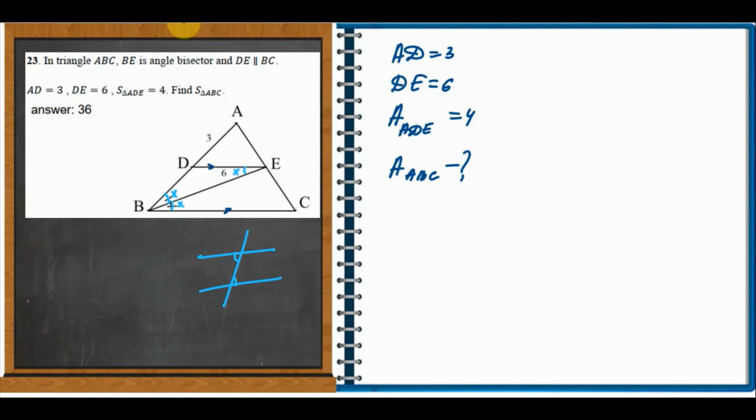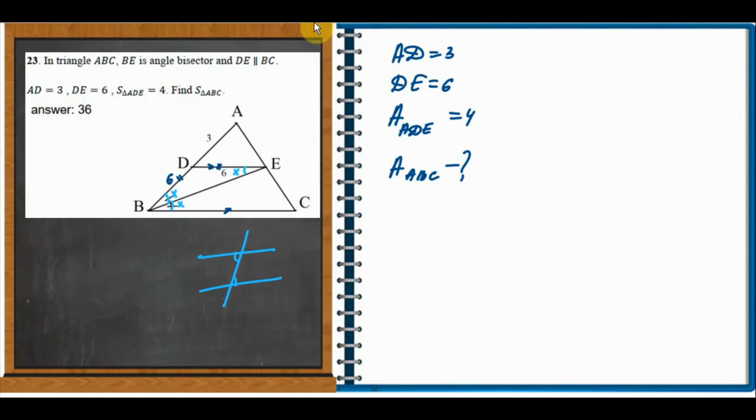And if you look at triangle BDE, it's going to be an isosceles triangle because the base angles are equal. Therefore, we will say that side BD is 6 as well because they are equal.